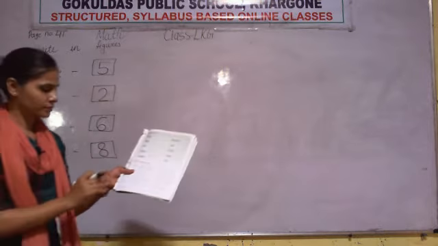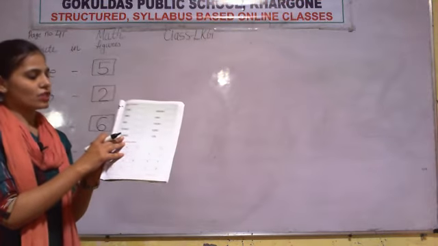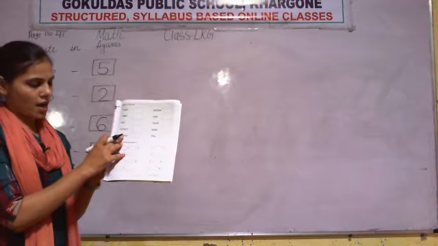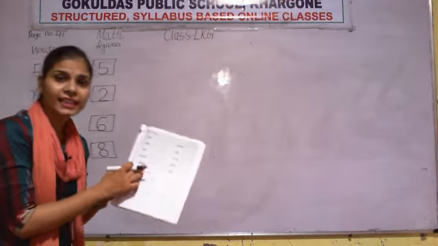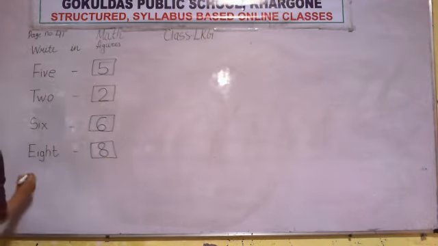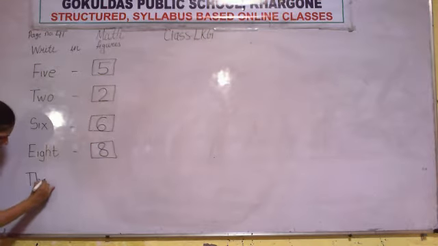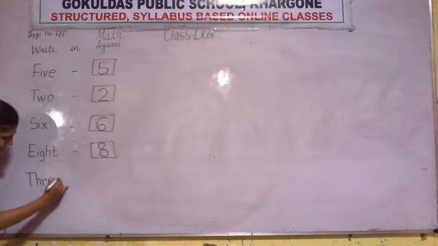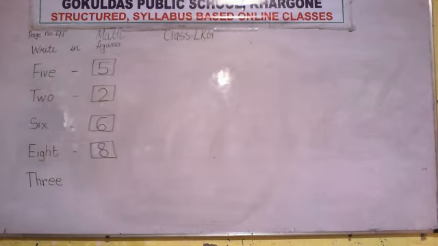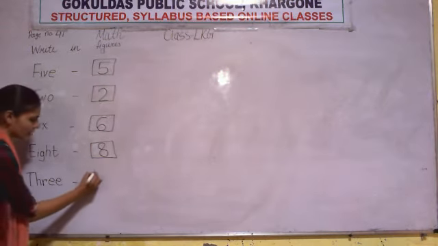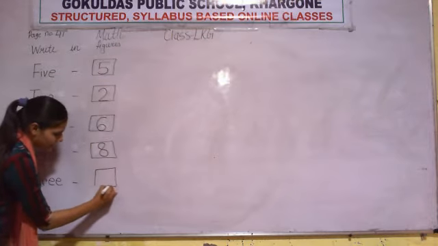Now next is T-H-R-E-E, 3. What is T-H-R-E-E? T-H-R-E-E is 3.